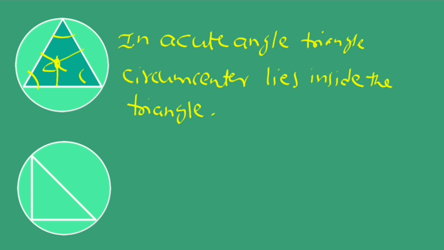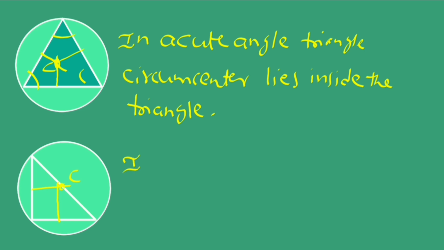Now here is the right angle triangle. Now this is one perpendicular bisector and this is the second perpendicular bisector. These two perpendicular bisectors are meeting on the midpoint of the hypotenuse. So this meeting point we call the circumcenter only, no? So write this in statements.